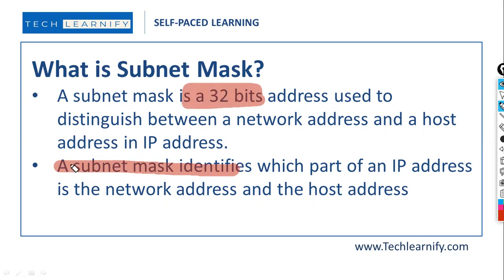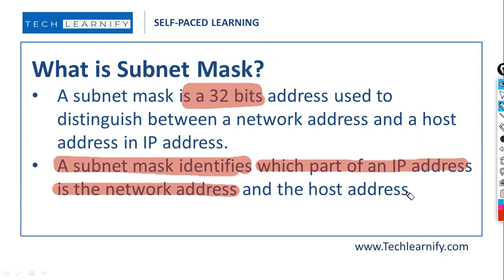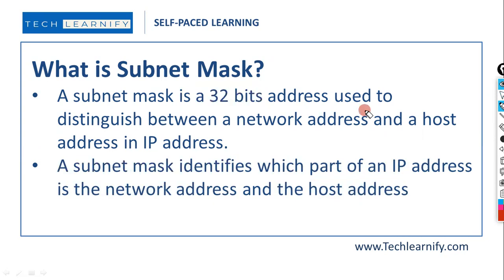Written in decimal, but this mask identifies which part of an IP address is the network address and which part is the host address, right? Now let me go to the next slide.